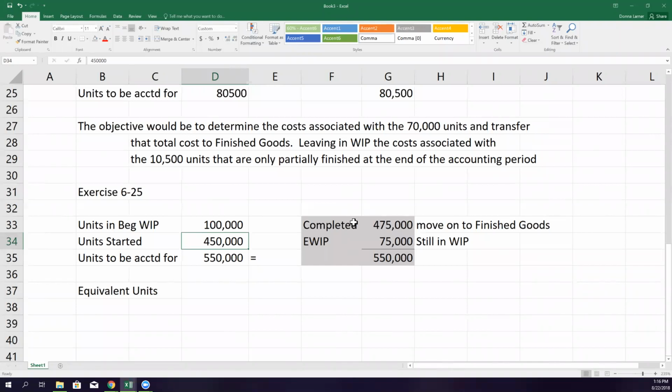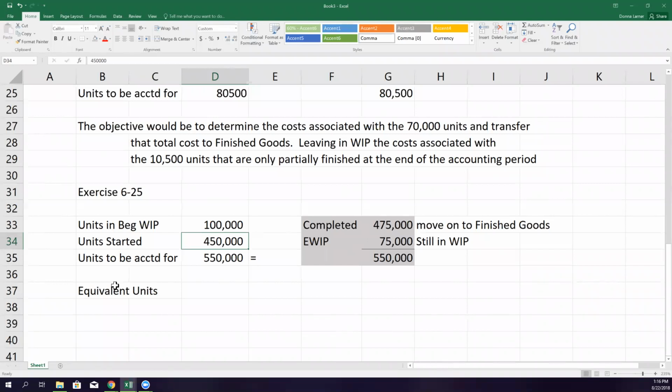They got all their materials, all their labor, all their overhead, and now they're done and they've moved to finished goods. And then another group of them is 75,000 that went on to be, according to our problem, 60% done. So they have 60% of the processing done to finish them. And next month they'll have to do some more.